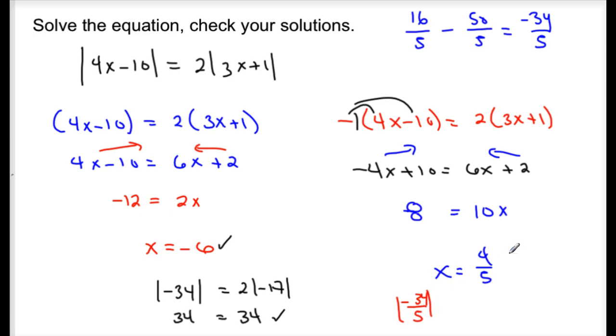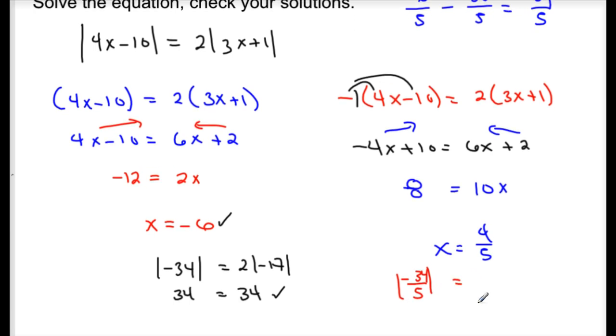The absolute value of this should equal, on the other side, 3 times 4/5, which is 12 over 5, plus 1, which is 17 over 5. So I have 2 times the absolute value of 17 over 5, which is equal to 34 over 5. Did they both work? Yeah. Check. So both answers are solutions.